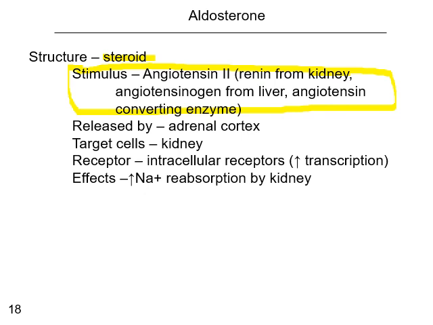The cells that release aldosterone are in the adrenal cortex. So remember, there was a layer of cells there that produced both cortisol and aldosterone. Now we're talking about aldosterone.